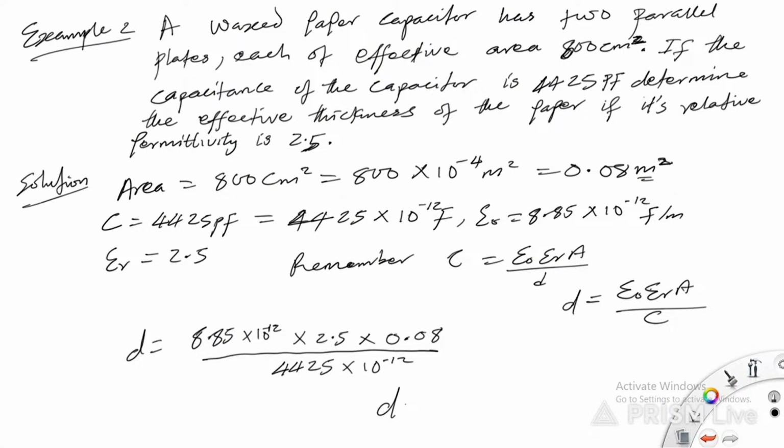So now D is equal to, punching it into the calculator, 0.004 meter. Hence thickness D is equal to 0.4 millimeter. Let's convert it to millimeter: 0.4 millimeter is the same as 0.004 meter. So that's that for this.